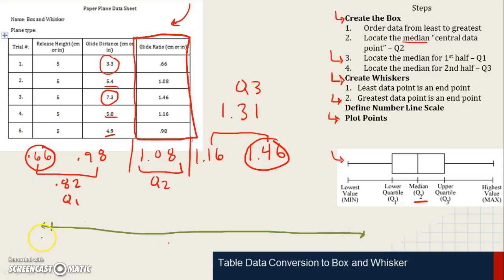So we'll start our scale at 0.5. And since this is 1.46, we'll end our scale at about 1.5. And I want to increase by 0.05.